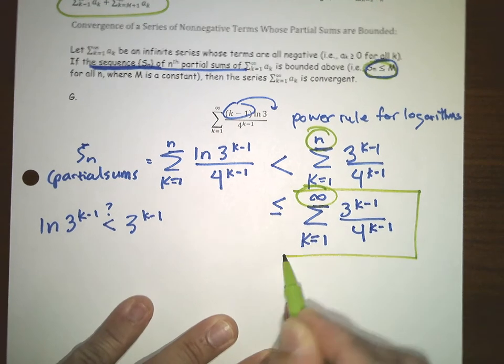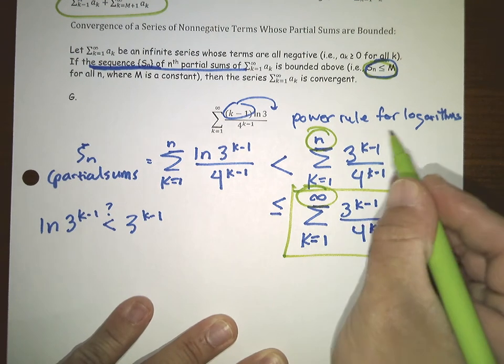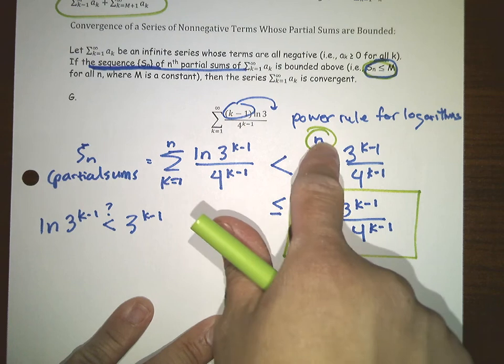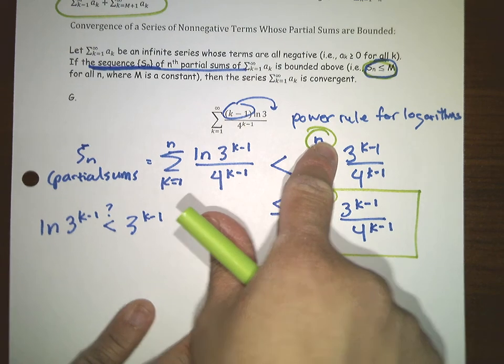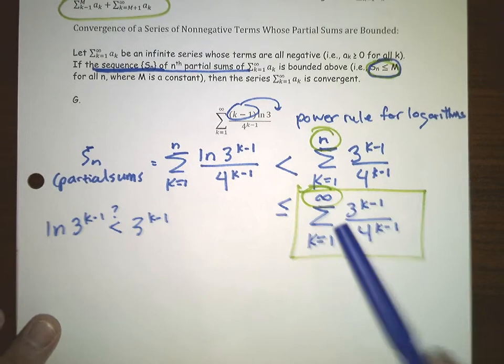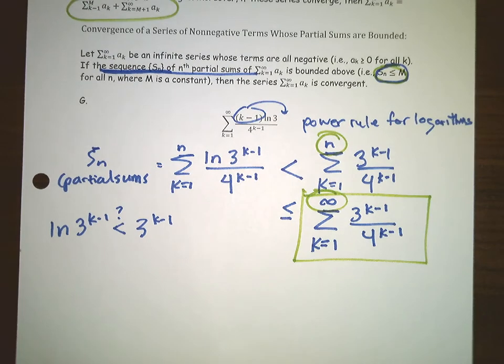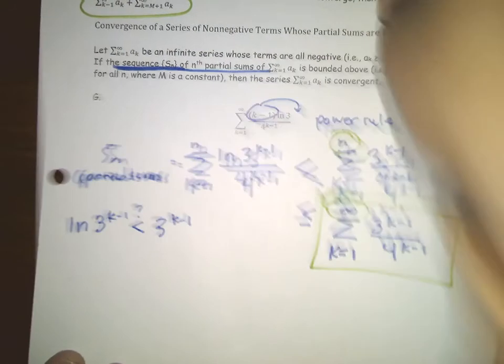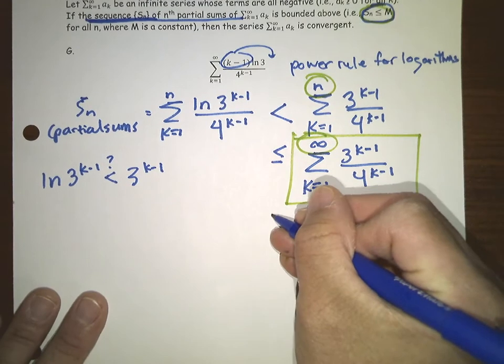So this one with more terms in it will have a larger sum than the sum with fewer terms. All right, but I needed this to go to infinity in order for me to use the properties of a geometric series here.